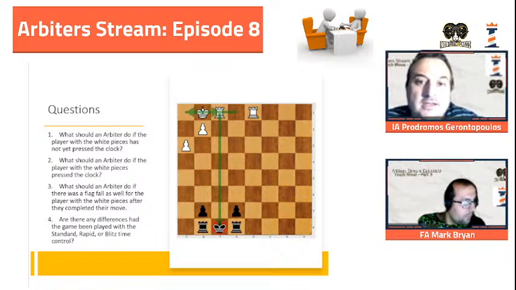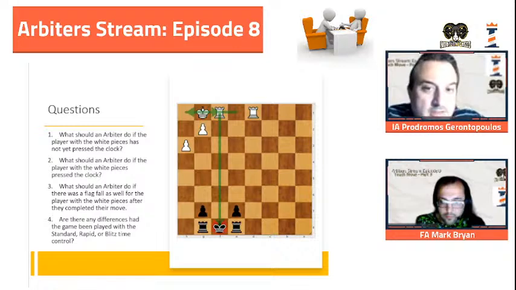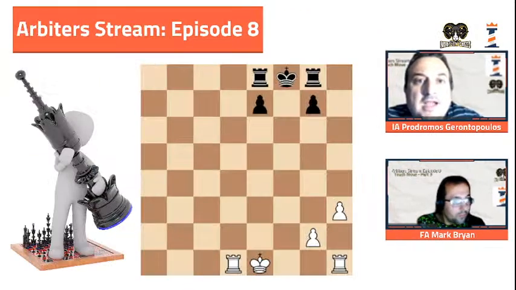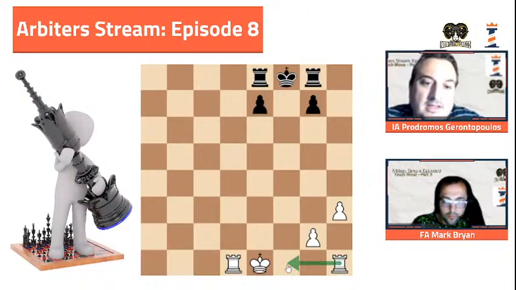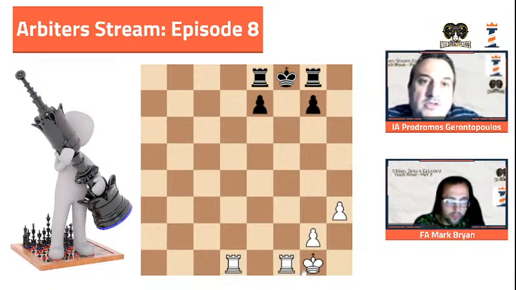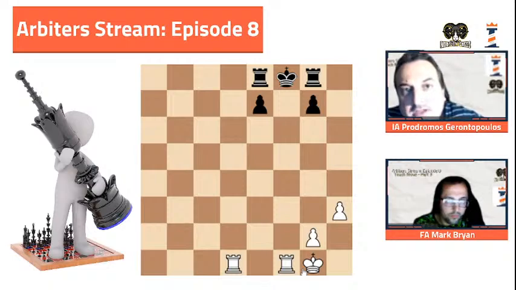But if it's a blitz game and you are running out of time, and you didn't see the checkmate move, and then you play illegal castling the wrong way. If you play the rook here, it's a checkmate position. But if after that you move the king to g1 square, and if you press the clock, it's a completely illegal move here.